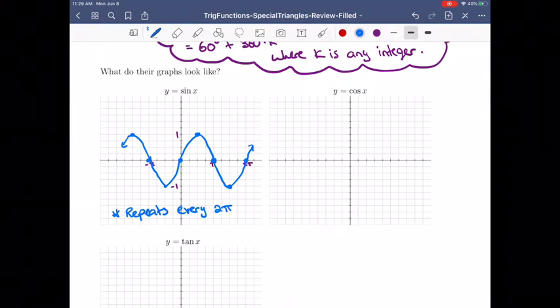Okay, similarly for cosine. So here's pi, and here's 2 pi. So now at 0, cosine is at 1. At pi by 2 it's at 0, and at pi it's at negative 1. Okay, and then it goes back to 0, and then at 2 pi, it's back up to 1 again.